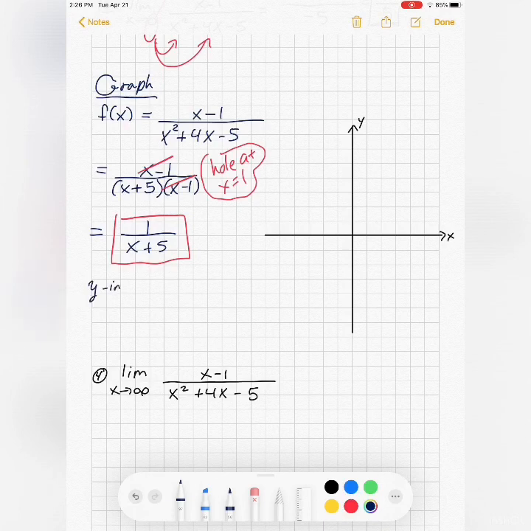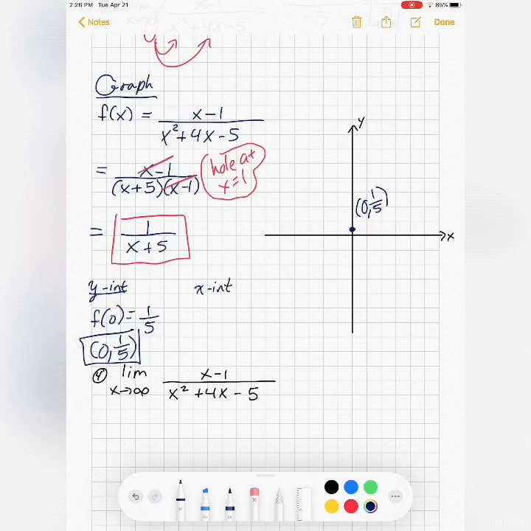Okay, so then what are some things I could find? The y-intercept, that'd be 1/5. Okay, what else?